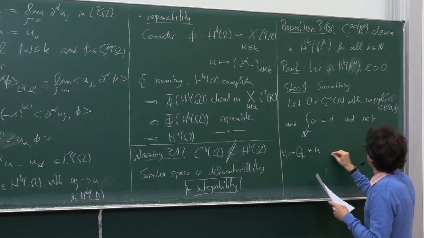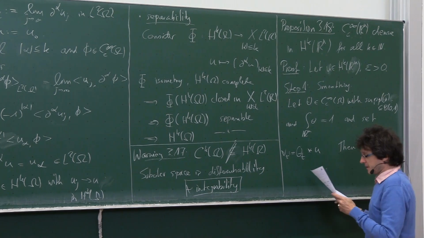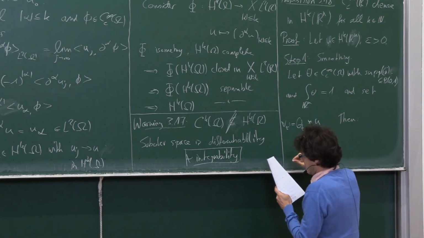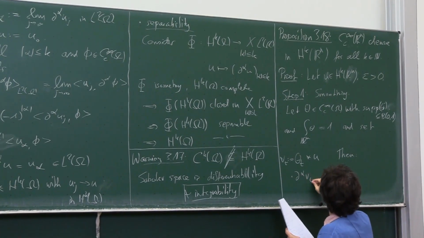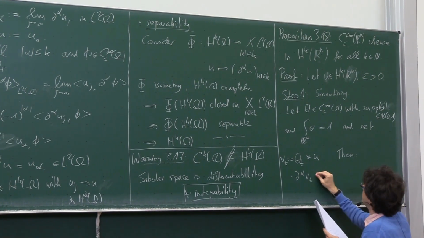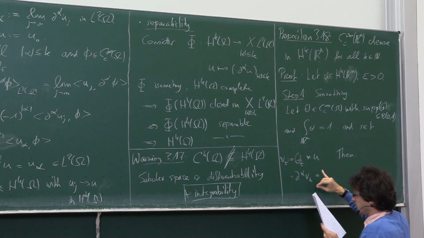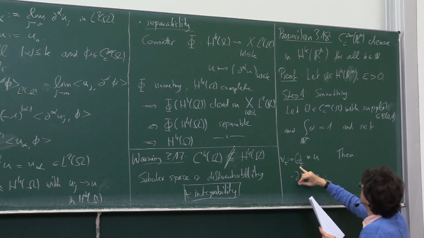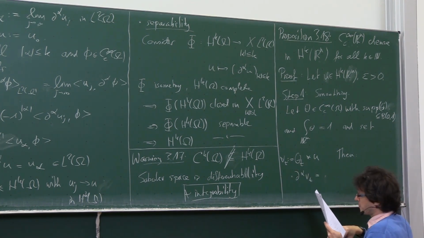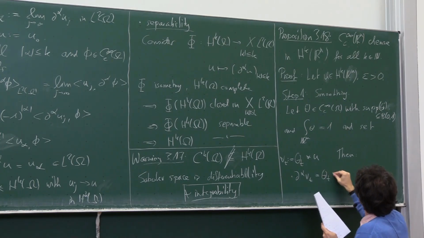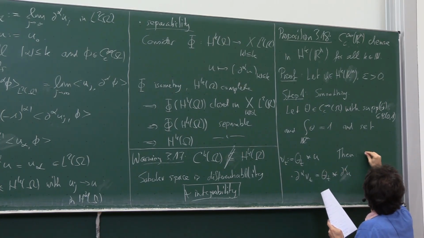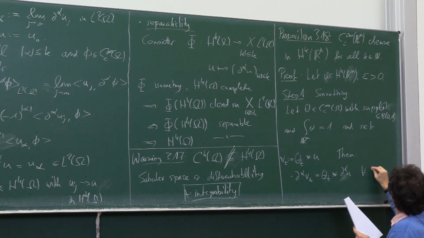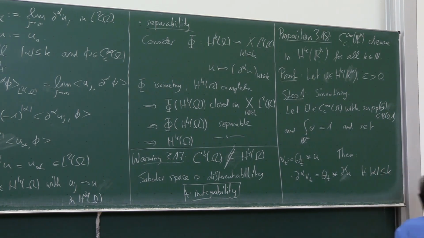And then what do we get? What is this function v_t? First thing, this is a nicely differentiable thing, because we know if we have a convolution, we can put the derivative on whatever we want. And now I want to put it on the u, D^alpha u. This is true whenever the length of alpha is less or equal k.